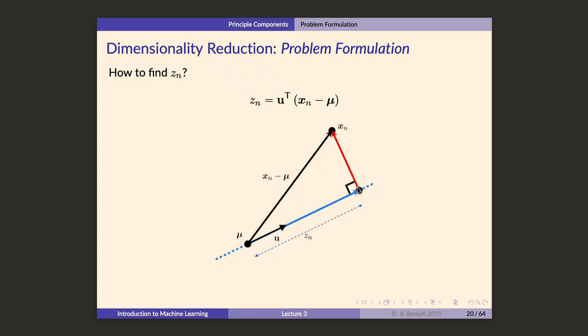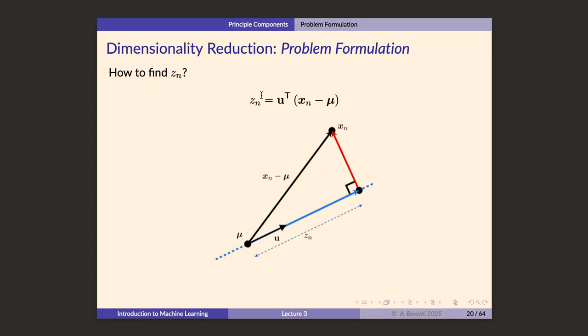So again, look at it here. Mu is the start point. X is the absolute vector of your data point, right? And then you connect mu to x, so this is going to be the vector x minus mu, correct? And then you know the direction u, so you only need to project it on u. And if you want to compute the projection, you basically need to compute the inner product, right?